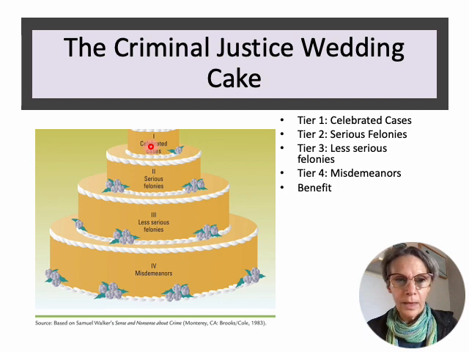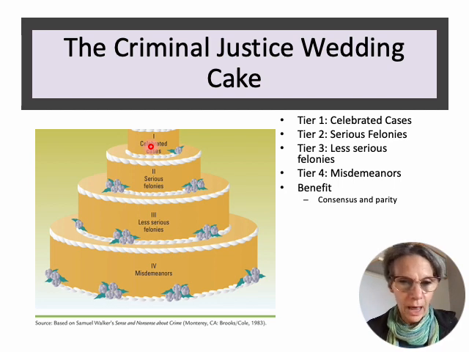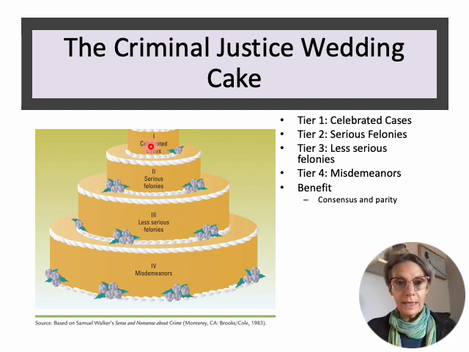And she was fraudulent, and so it gave an opportunity to sort of say, we're not going to let the tech industry get away with things, right? If they're lying about the value of their company, if they're lying about what their product can do, they're going to get punished for it. Okay, so it sort of sends a message. Those celebrated cases. And so that is just basically an overview of the criminal justice wedding cake and how it impacts the informal criminal justice system.